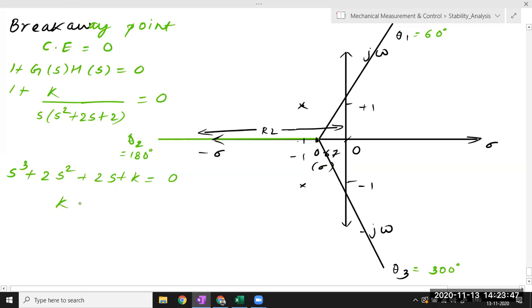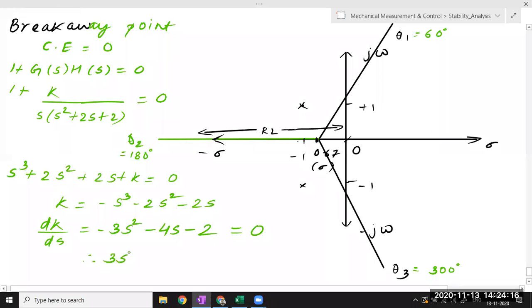Now, K will be equal to what? If you remember, minus s cube minus 2s square minus 2s. And to find the breakaway point, we need to take dK by ds, which will be equal to minus 3s square minus 4s minus 2, and equate it to 0.